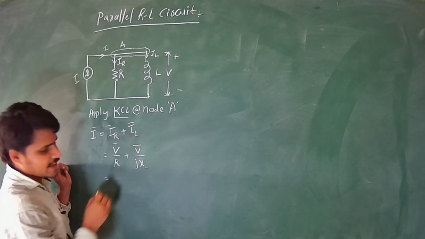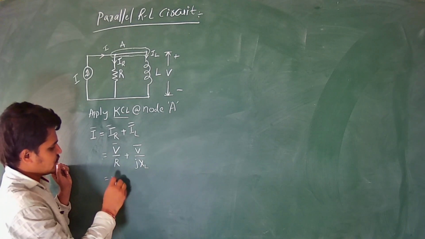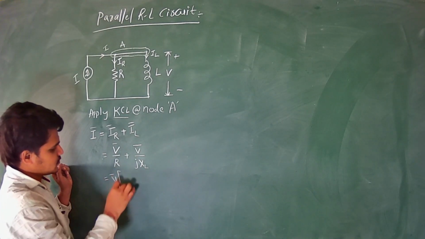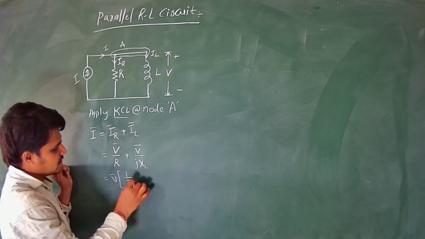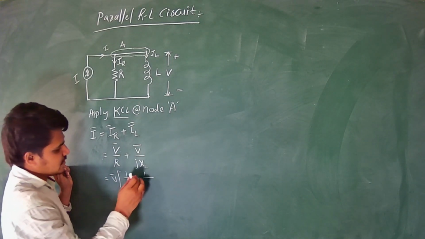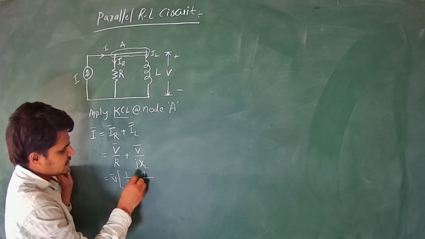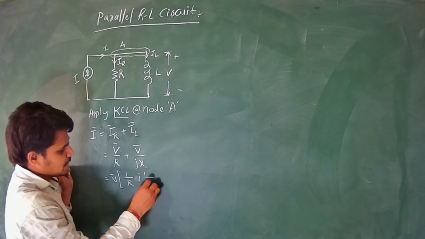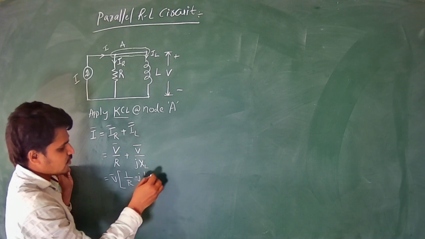Now let us take the voltage V common. So that is 1 by R plus 1 by jXL, and 1 by j can be written as minus j, so minus j times 1 by XL.